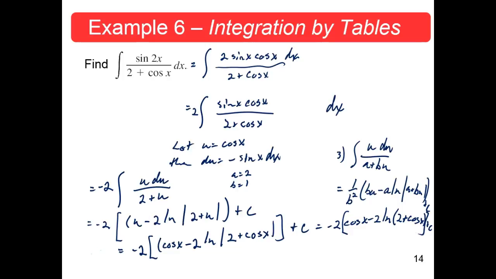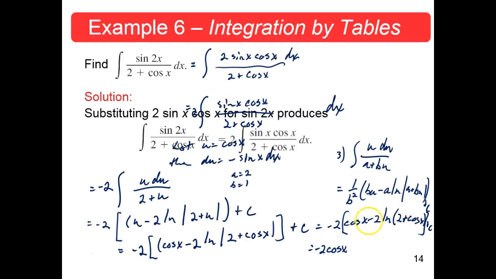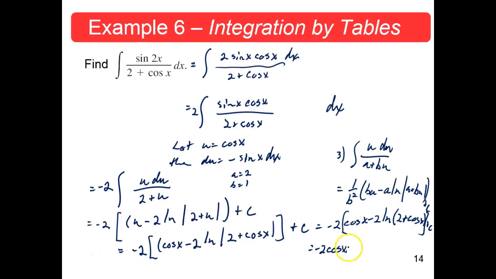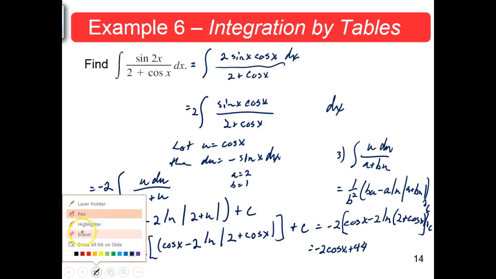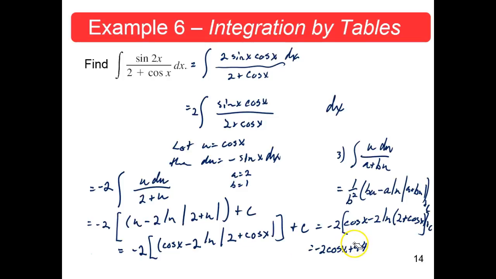Okay, unless I've pulled up a dumb one somewhere, let's see what we got. Oh, and they actually pull it out. Minus 2 cosine x, minus the minus is a plus 4. That's a plus 4, not 4. I'm going to blame that somewhat on my, no, it's just plus 4.